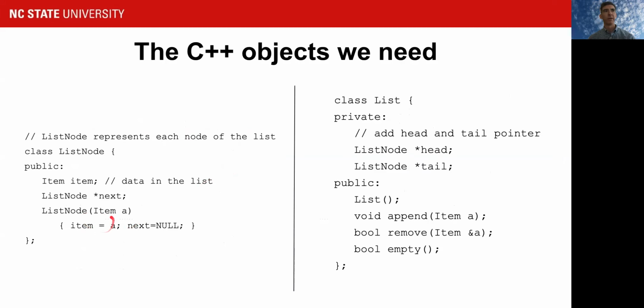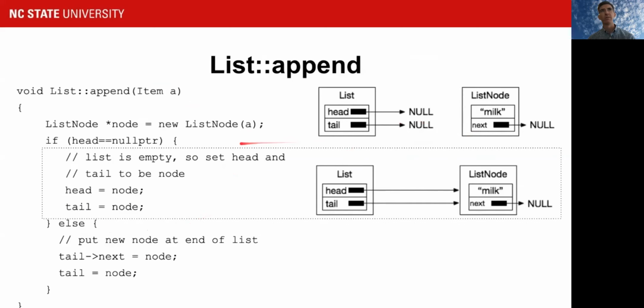So here, when I make a list node, it sets item equal to A, and it sets its next pointer to null. Okay, so this first line of code does this. It makes this list node containing milk and setting next pointer to null. And then since my list object is null, I need to take some special actions. So if my head is equal to null pointer, which it is, I want to link in my list node.